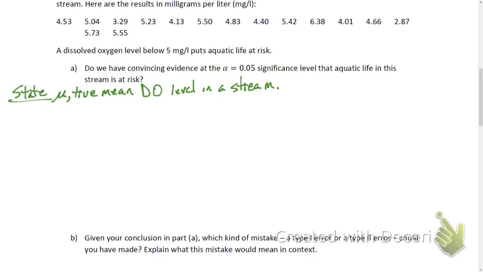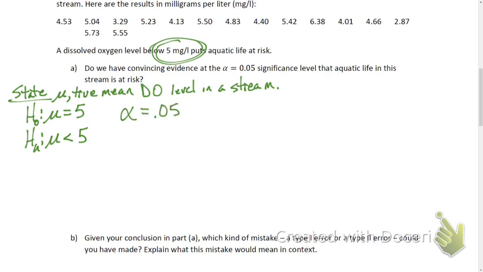The crucial number that we are worried about is 5. So if values are too low, we're going to be alarmed. We are worried about too small of a DO level. They tell us to let alpha be 0.05, and then we move on to the plan step.